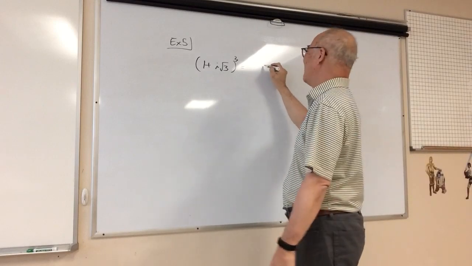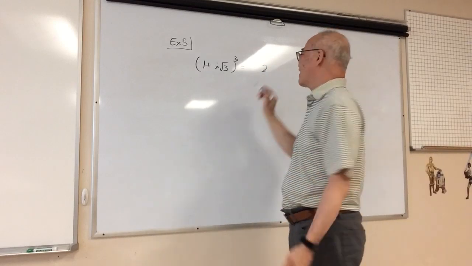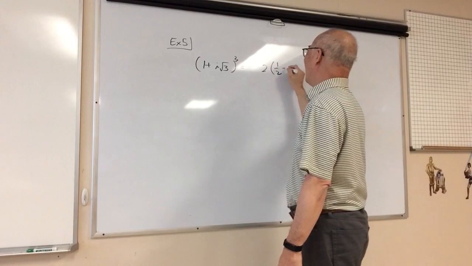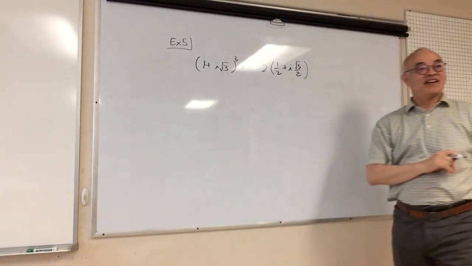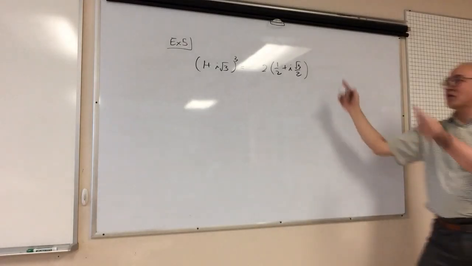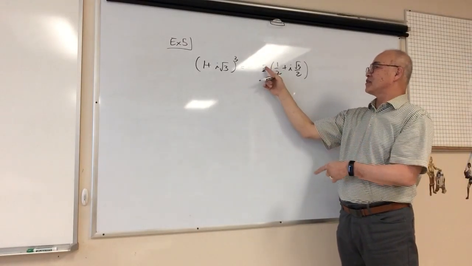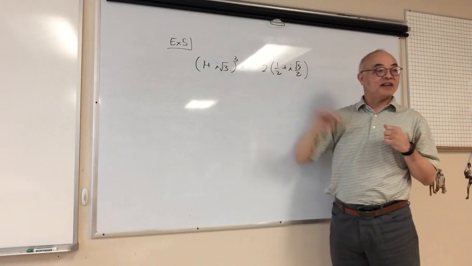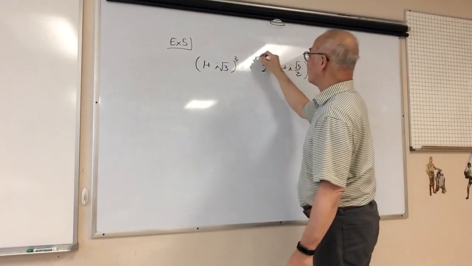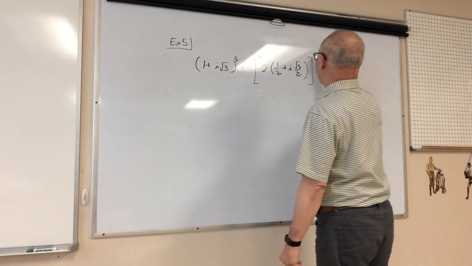You did it last time. It's okay, at least you're consistent. Third time's the charm, buddy. Does that make sense? So I pulled the 2 out, so when I multiply it back in, I get 1. When I multiply this back in, I get this, right? And now I'm going to take this to the 3rd.